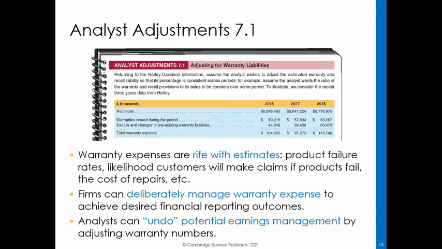To illustrate, we consider the recent 3 years of data from Harley-Davidson. One approach to the warranty expense is to determine the average percentage from 2016 to 2018. In this way, the analyst can undo potential earnings management in the event that Harley-Davidson was intentionally underestimating warranty expenses in the 2016 and 2017 periods to achieve desired financial reporting outcomes.